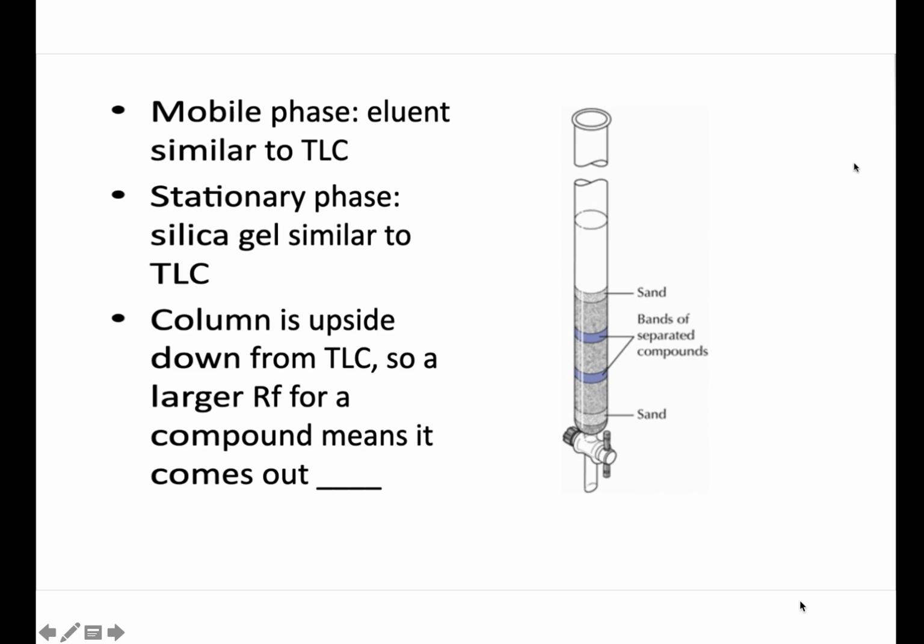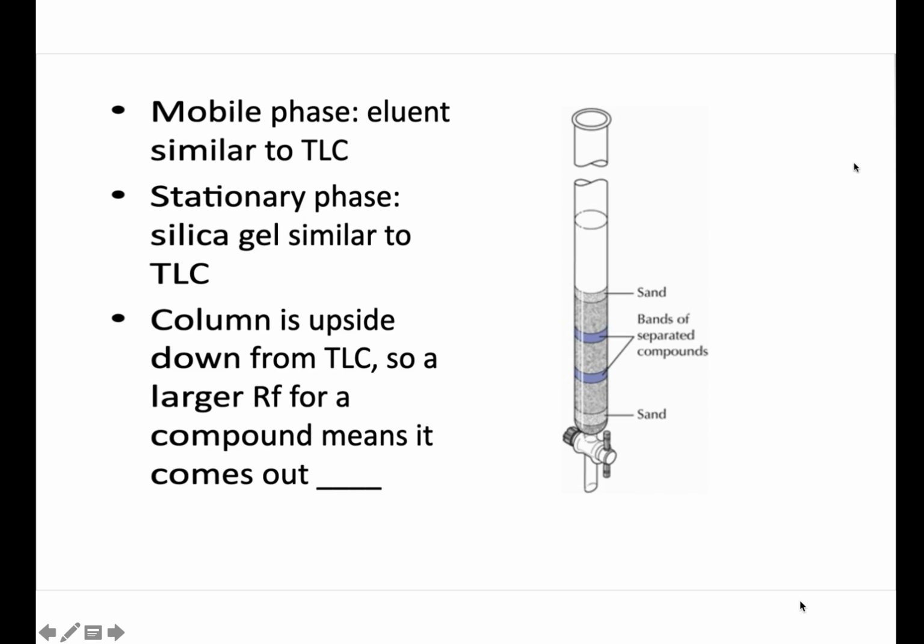Remember, the column must be upside down from the TLC in order to apply the procedure. Here we have a question. The column is upside down from the TLC. So does a large RF for the compound mean it comes out first or second?